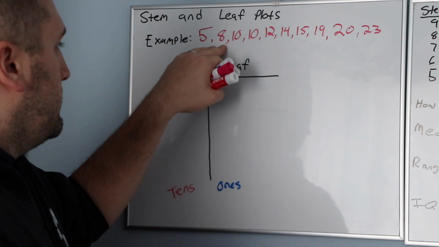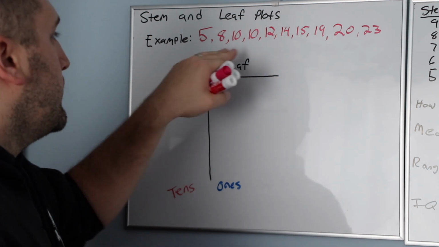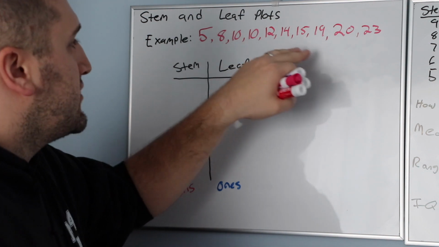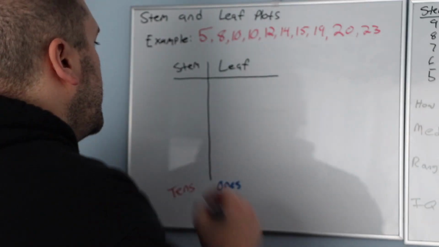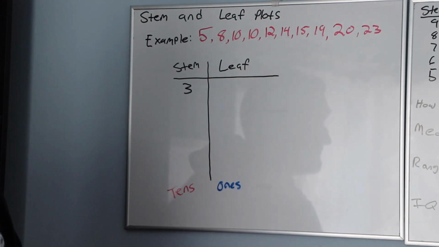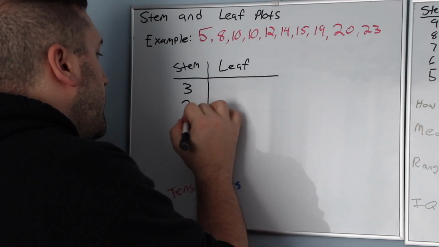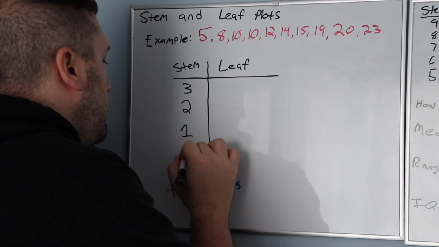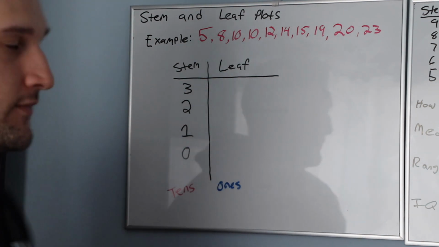I have zeros, because 5 and 8 aren't up to 10 yet. I have a tens place in the ones and in the twos. So I'm just going to go up to 3, and draw my first stem as a 3. Then I'll follow it in order: 3, 2, 1, 0. So I have my stems.